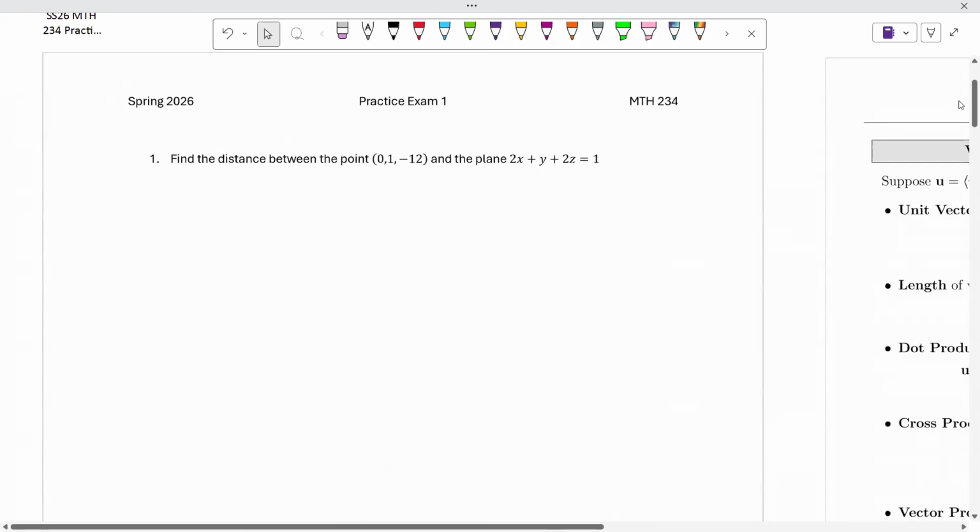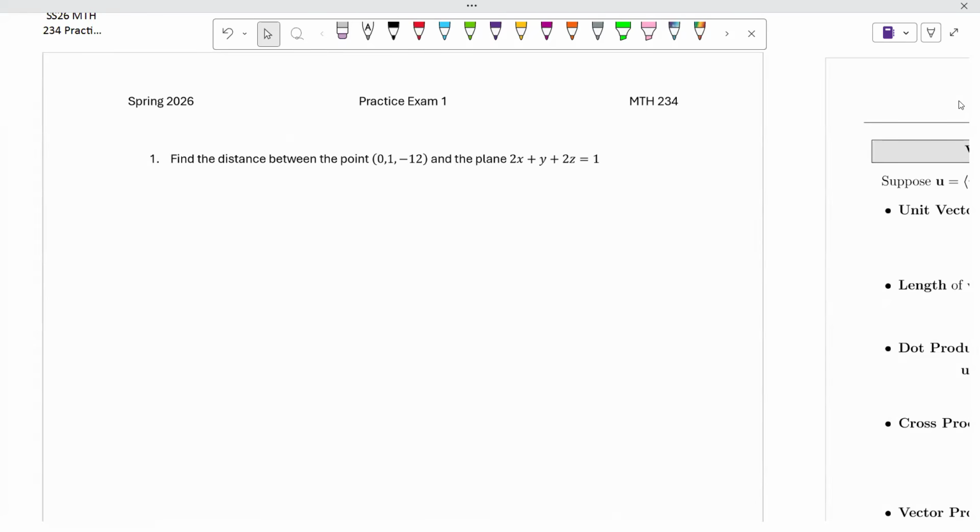So let's start looking for some solutions. We want to find the distance between the point (0, 1, -12) and the plane 2x + y + 2z = 1. Cool. So what's our plan here?